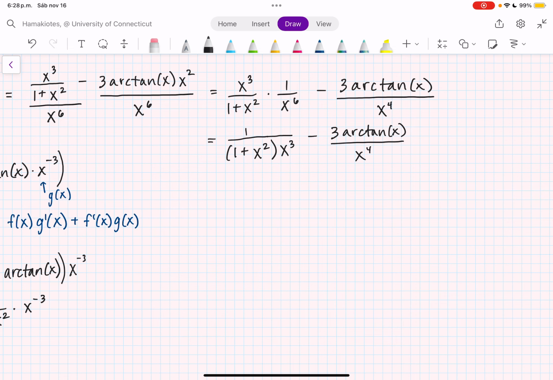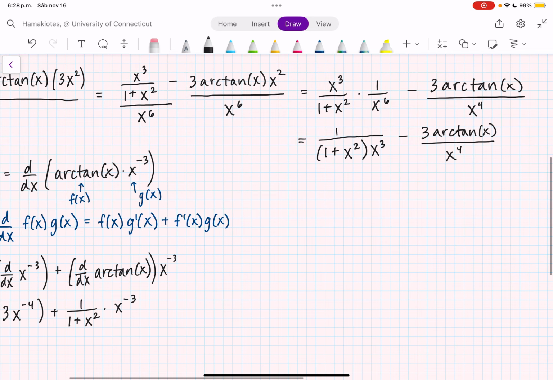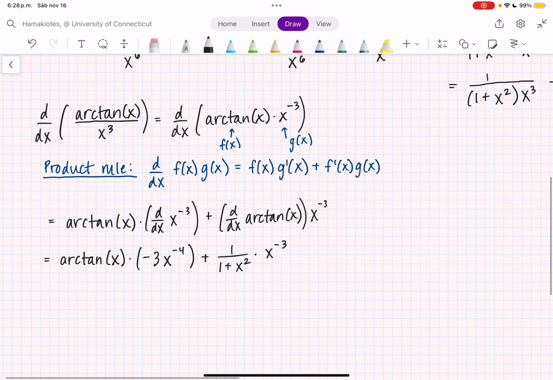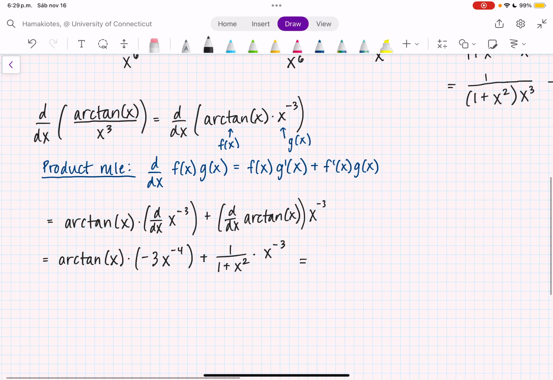Okay, but this still doesn't look like what we got using the product rule. So now let's go over here and simplify a little bit. So I can rewrite arctan of x times minus 3 times x to the minus 4 by bringing the minus 3 in front, writing arctan of x, and now it's times x to the minus 4th, which is the same as 1 over x to the 4th.